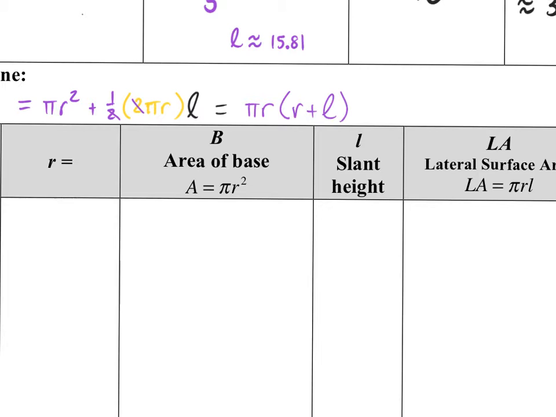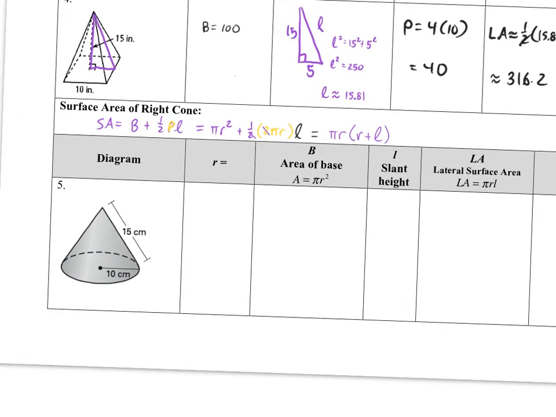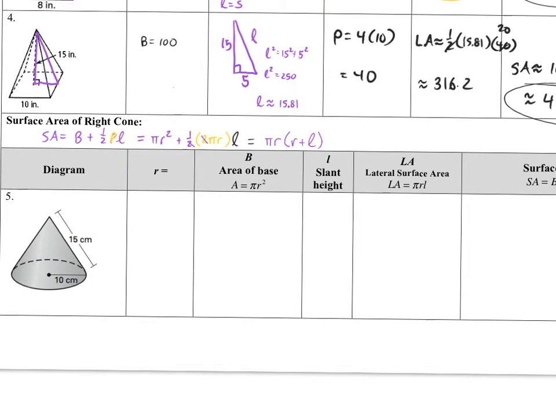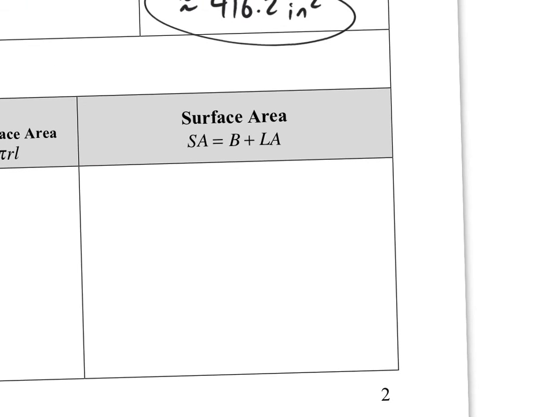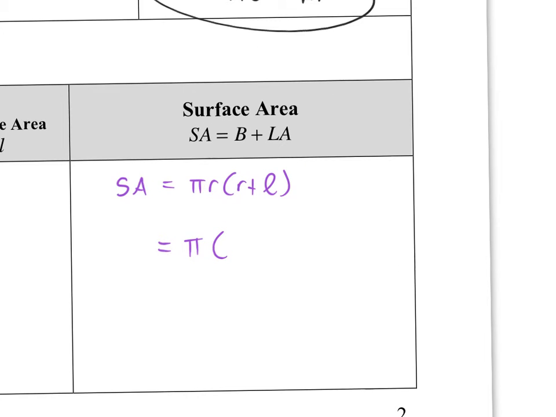So much faster. So the really only thing you need is to make sure you have two variables, the radius and the slant height. So I'm actually going to, for this, just skip everything and go straight to the super secret formula. So because the surface area is pi r times r plus L. Now, according to the diagram, my radius is 10.